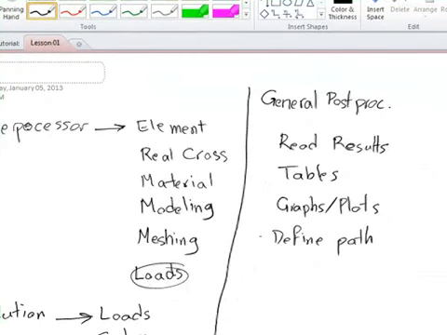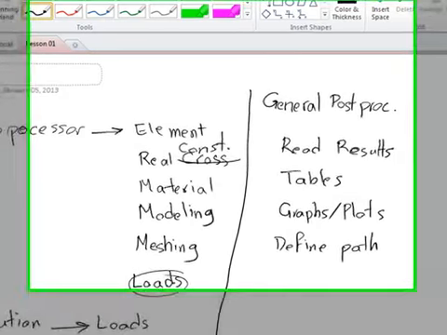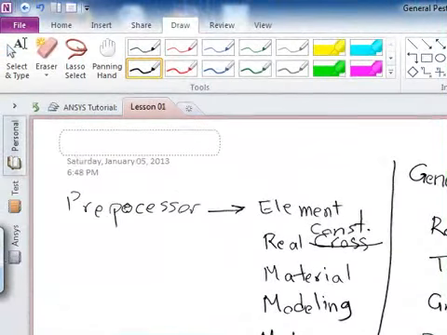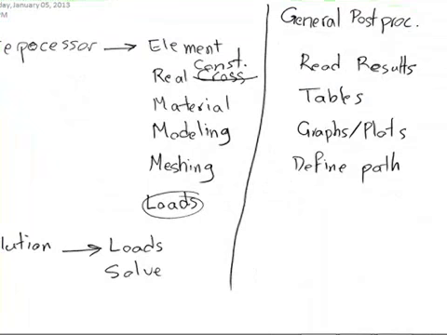And then real constant, which I wrote real cross in here, it should be real constants, defines some attributes to the elements you just defined in the first step. For example, if you define beam as the element of your analysis, then you have to define the cross-sectional area of the beam, or the moments of inertia or stuff like that you have to define for the beam.